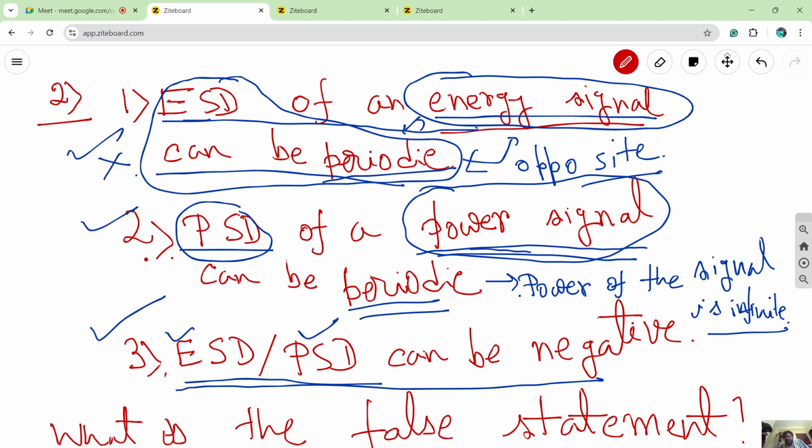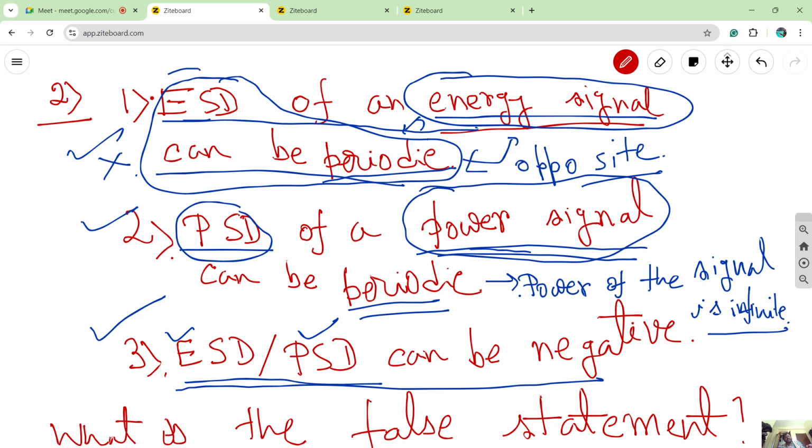Yes, power is finite. So the PSD should be finite, right? Yes, PSD should be finite. That's why we are talking about PSD here. But for a power signal, ESD can be periodic. Okay, ESD can be periodic. Yes. Okay, sir.